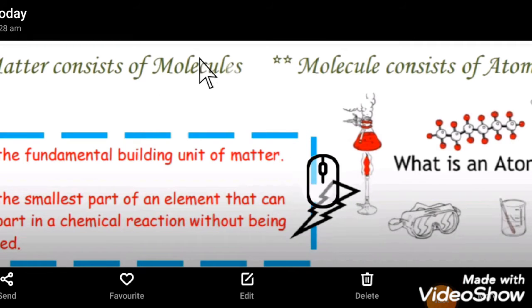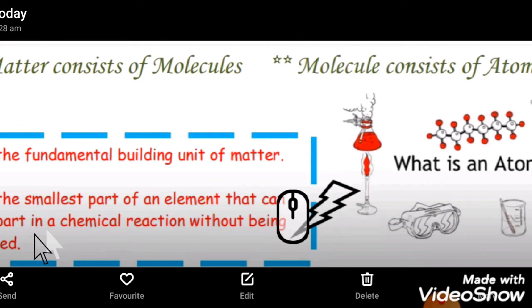The matter consists of molecules, and molecules consist of atoms. But first, what is the atom? An atom is a fundamental building unit of any matter, or it's the smallest part of any element that can take part in a chemical reaction without being changed.